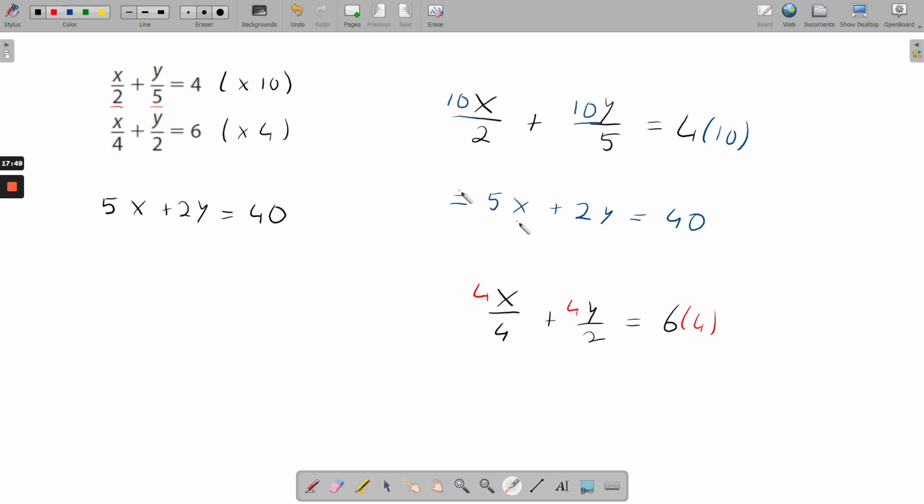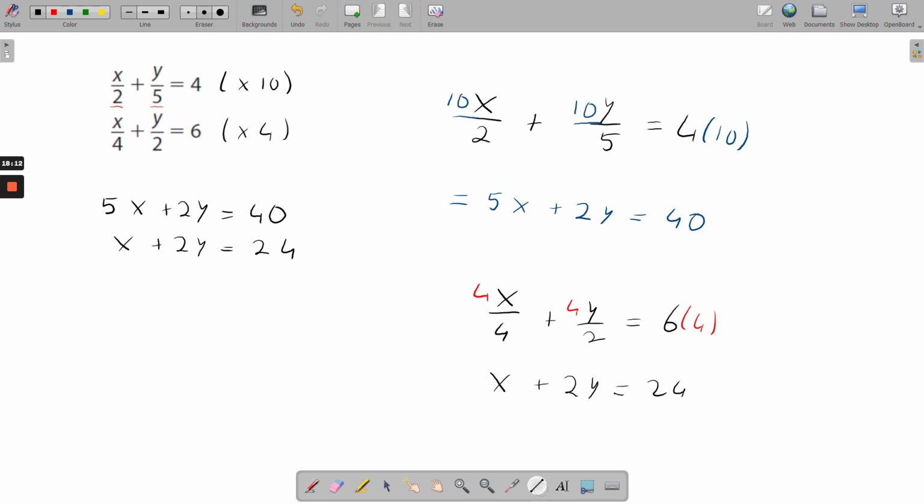And then you just multiply the 6 by 4 as well. So for this one, you're just going to go x plus 2y is equal to 24 if we multiply 6 by 4. So we've got x plus 2y is equal to 24.